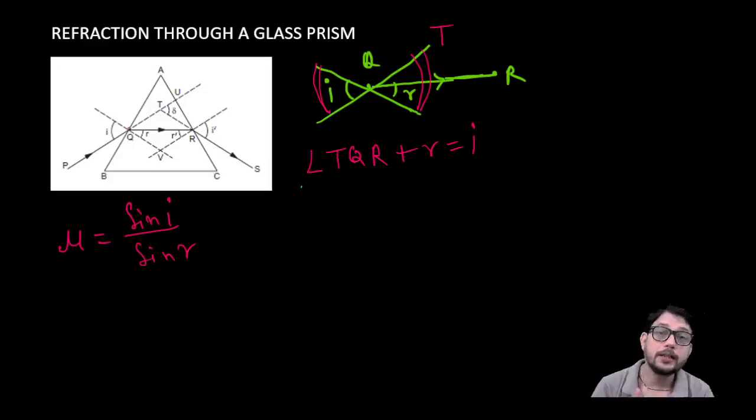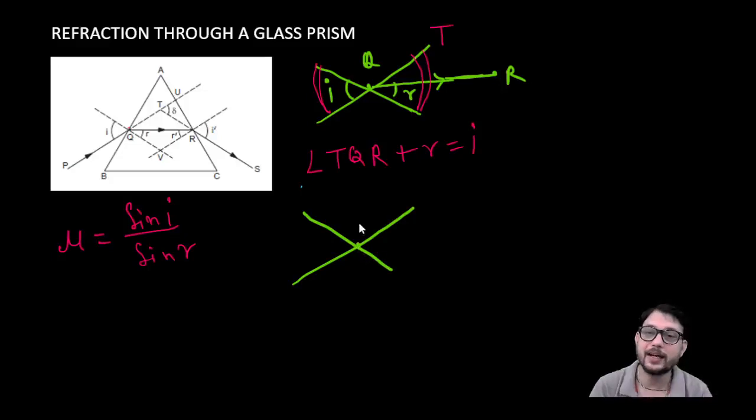Now come to the other point, that is your point R. Similarly, you can see these are two rays crossing each other. This is your point R, and a ray is coming this way from point Q, and this is your angle r dash, and this is your angle i dash.